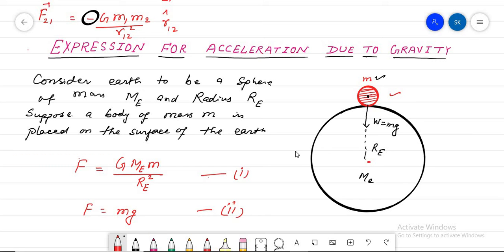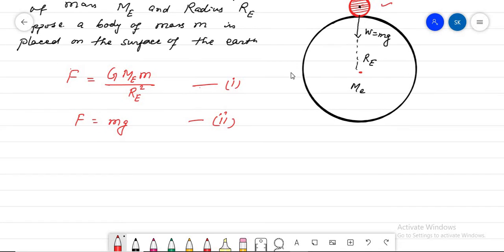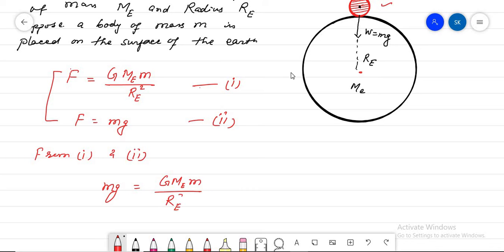Now from equations 1 and 2, the LHS sides both have F, so you can write here mg equal to G mass of earth into mass of object upon radius of earth square, and here you cancel small m on both sides.